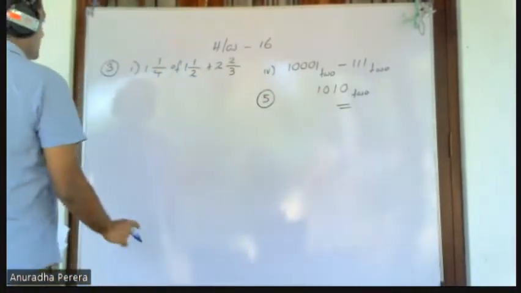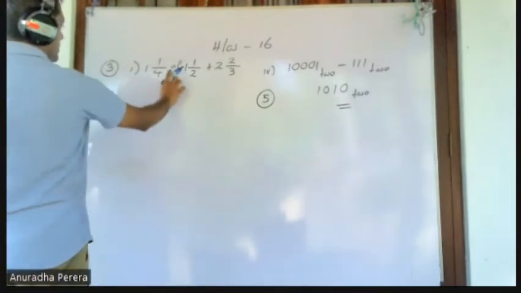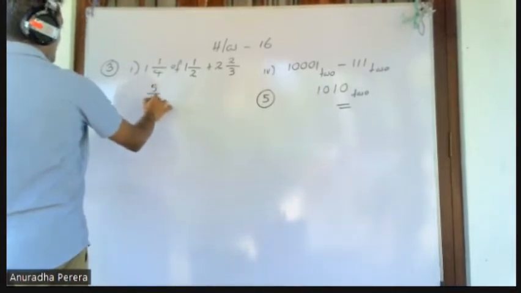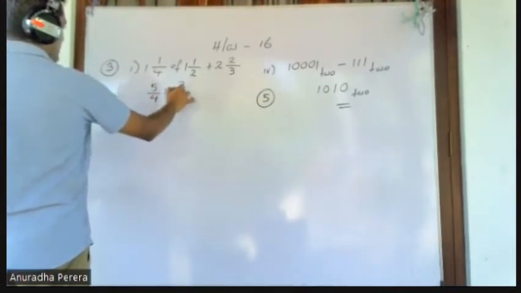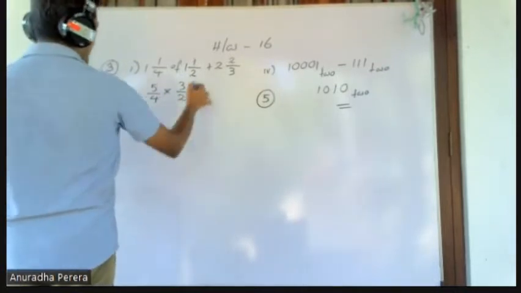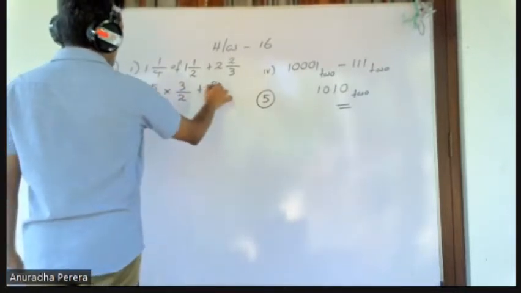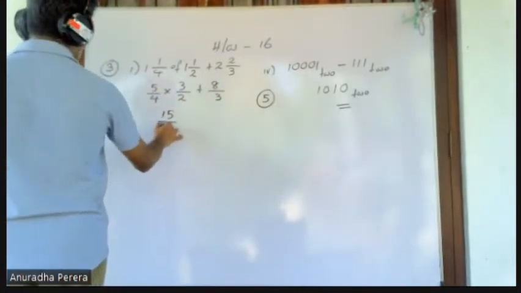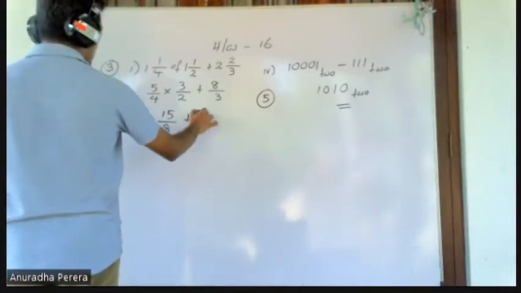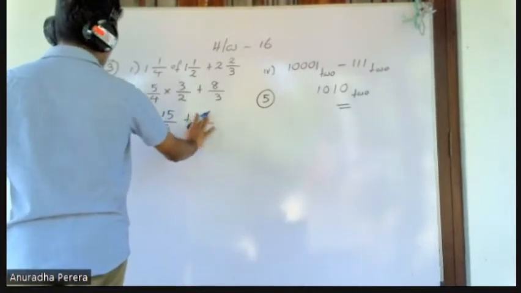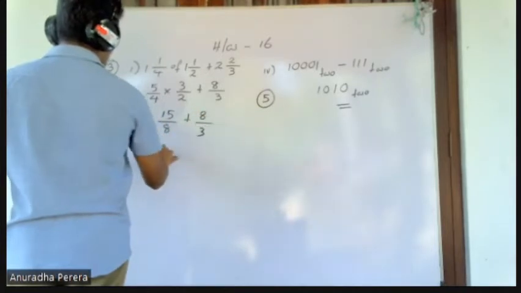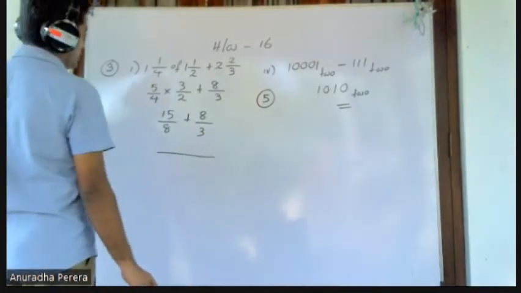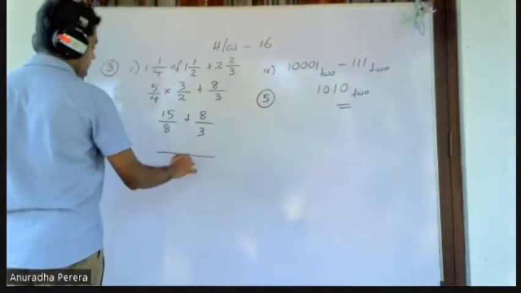Right. First, you have to do this. 5 over 4 of means multiplication, 3 over 2. And representing this as an improper fraction, 8 over 3. 15 over 8, no common factors. Then 3 over 8 over 3. Common denominator is 24.